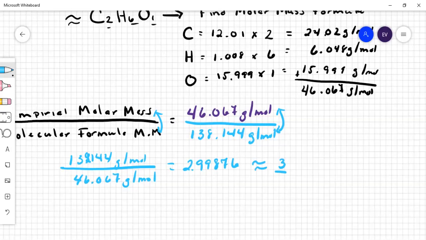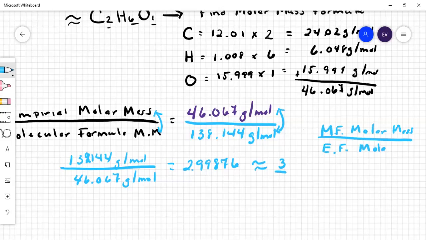So one more time, I apologize. It's molecular formula molar mass divided by empirical formula molar mass, and that's going to give you this ratio.